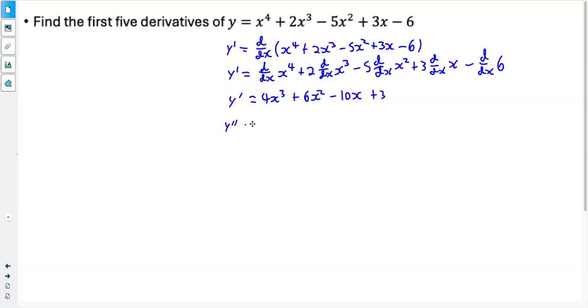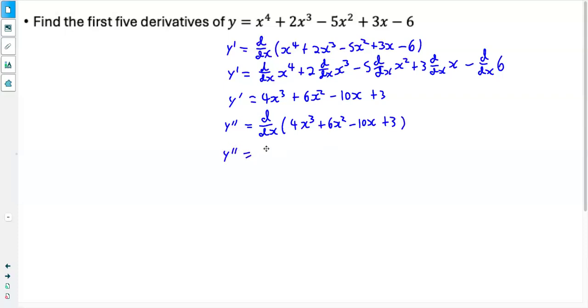So getting our second derivative, we just take the derivative of this. So we'll break this down.